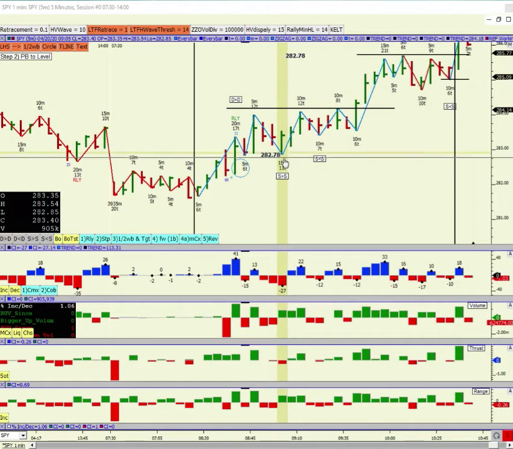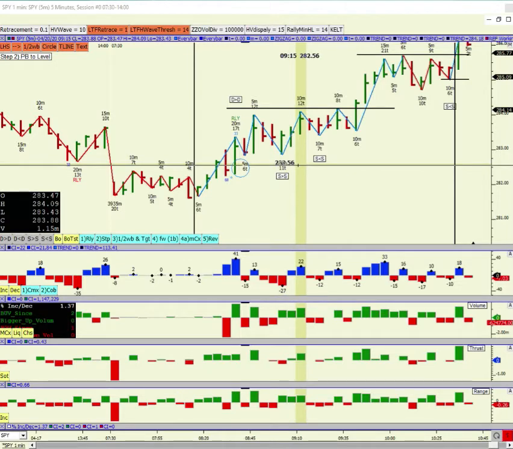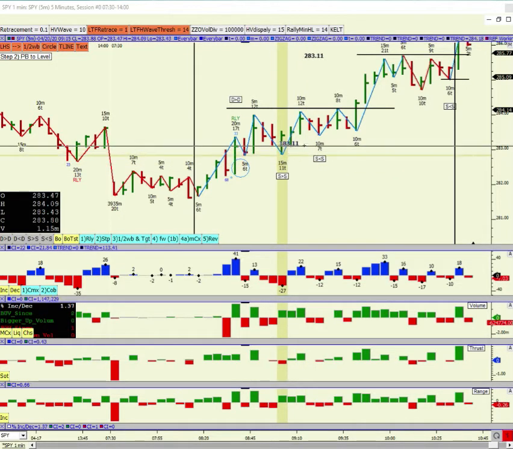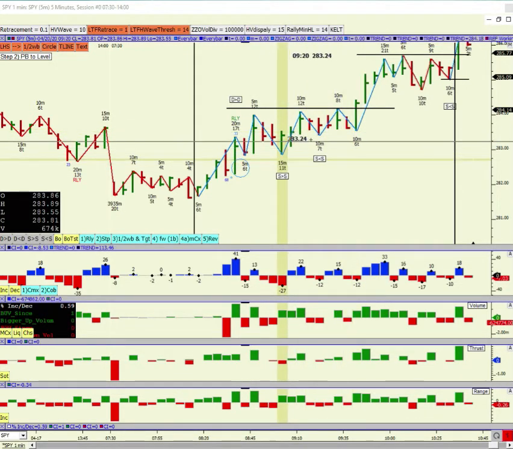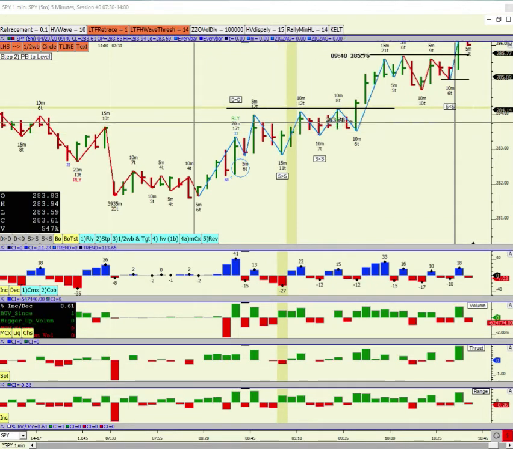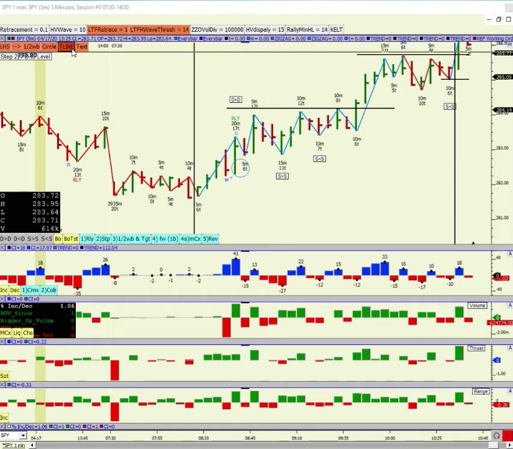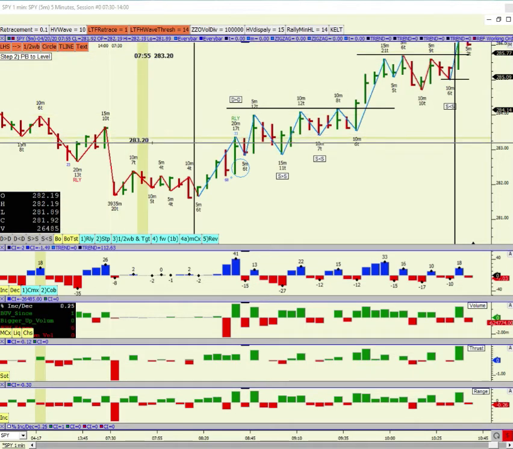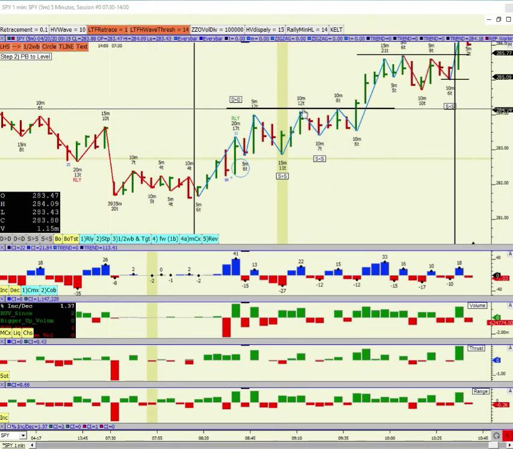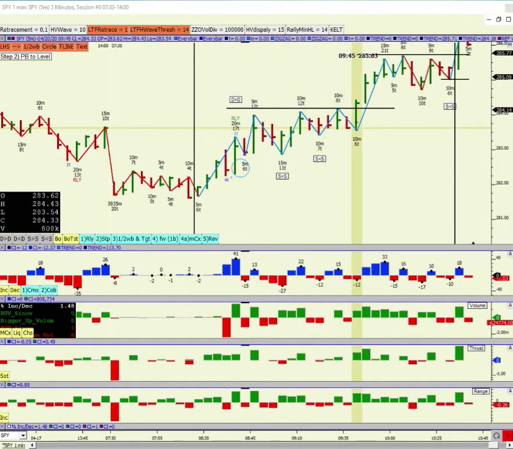It tests right here and then slowly hinges. Like, what's going on in this box right here? I don't have a square, but this right here, when it goes up and it makes higher lows and it's holding, it's telling you it's going to break.